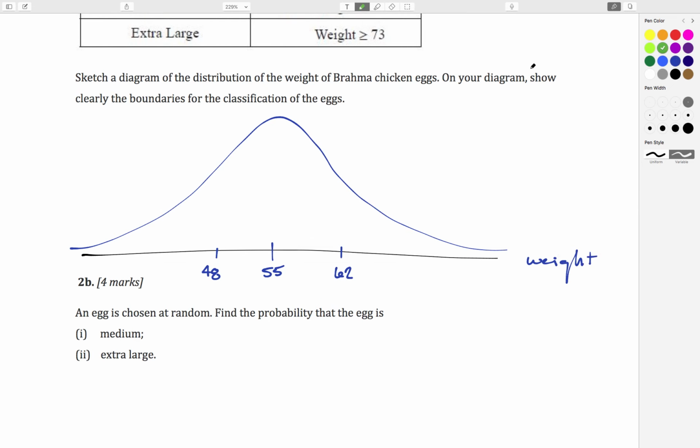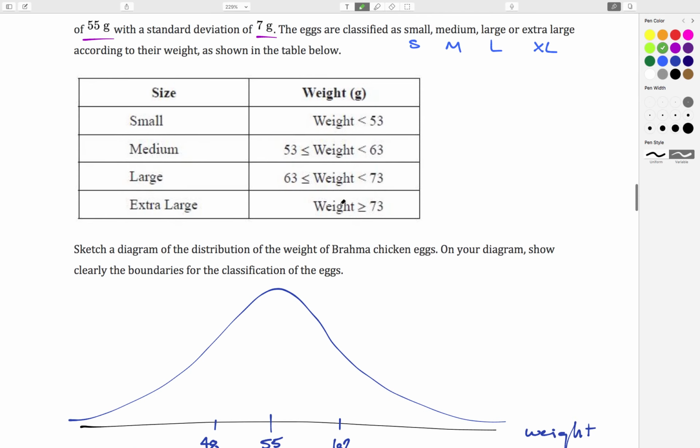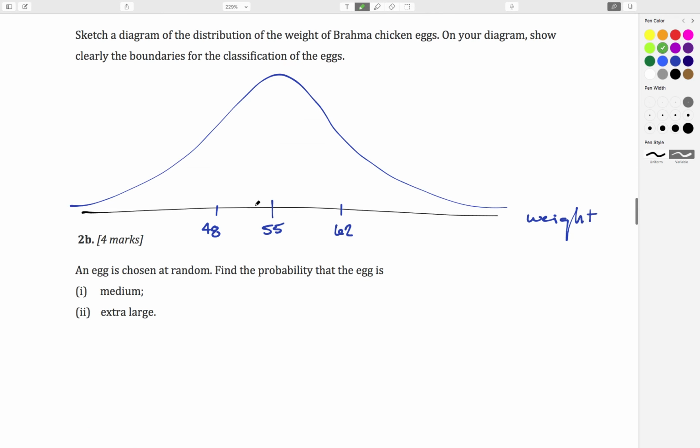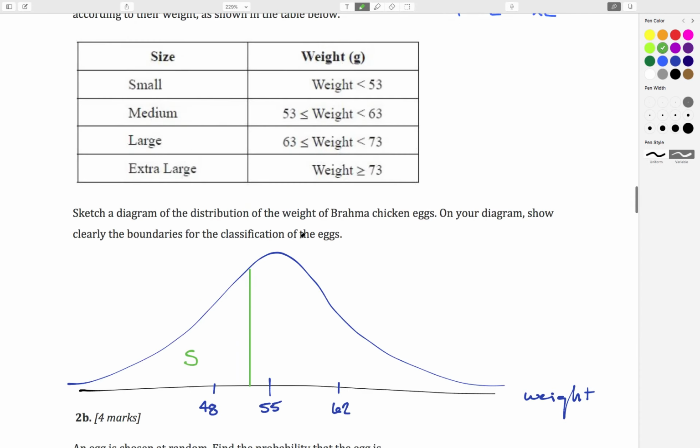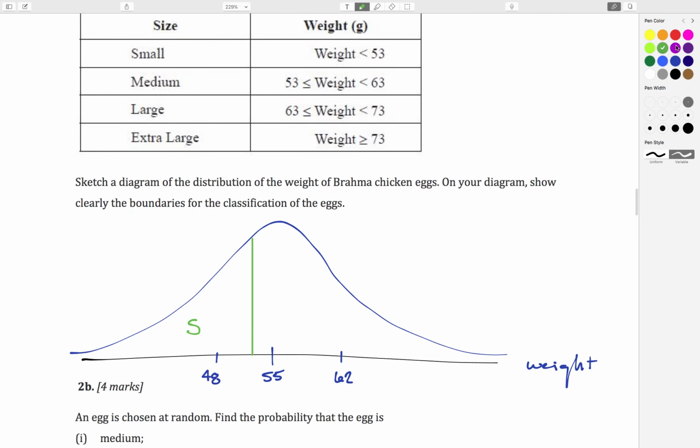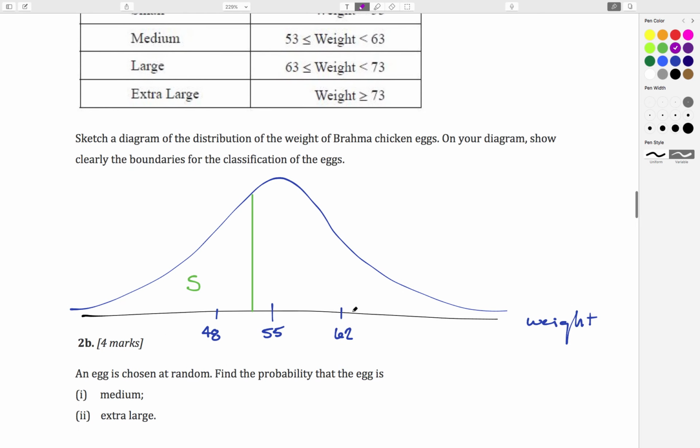Now my classifications. I know it's small if it's less than 53. 53 is somewhere around here. My medium eggs are between 53 and 63. My large eggs are between 63 and 73.